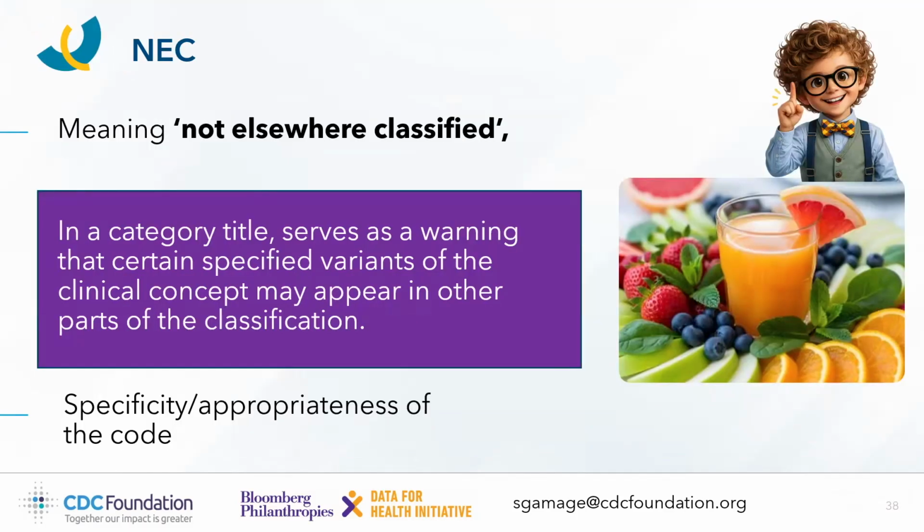Another convention is NEC, meaning not elsewhere classified. In a category title, it serves as a warning that certain specified variants of the clinical concept may appear in other parts of the classification. And this is referring to the specificity or appropriateness of the code.